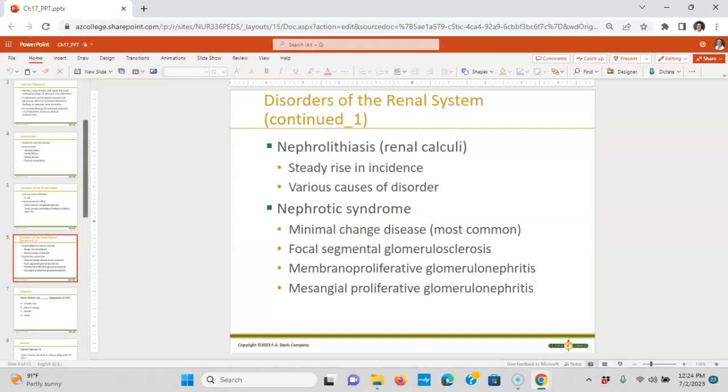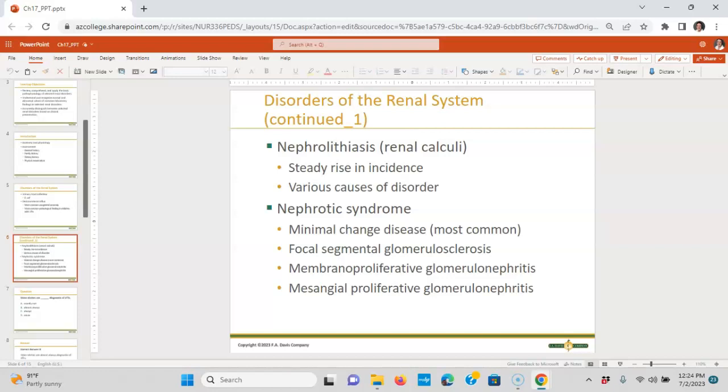And then on to nephrotic syndrome. Nephrotic syndrome is the most common kidney disease in kids. And that's massive proteinuria, hypoalbuminemia, anemia, edema, hyperlipidemia of unknown origin. The loss of protein in the urine changes the pressure of the system, so it can cause extracellular edema.